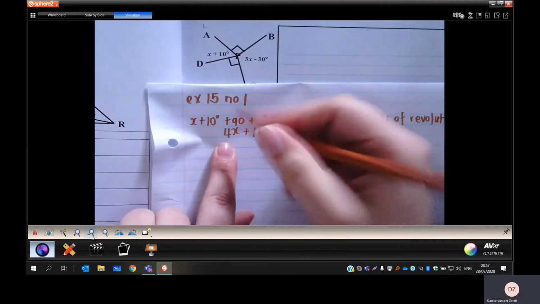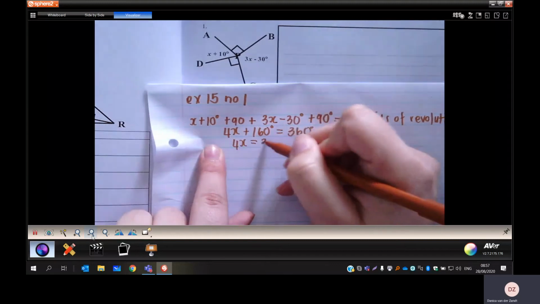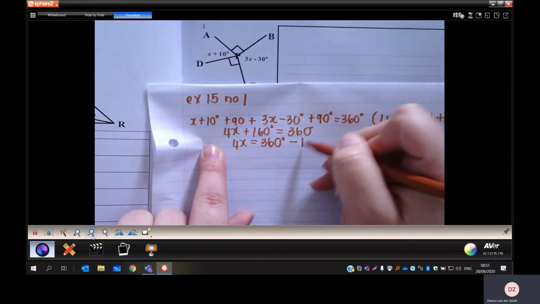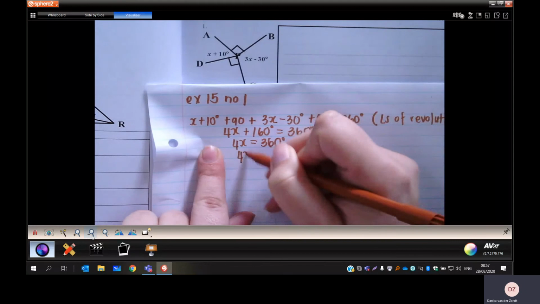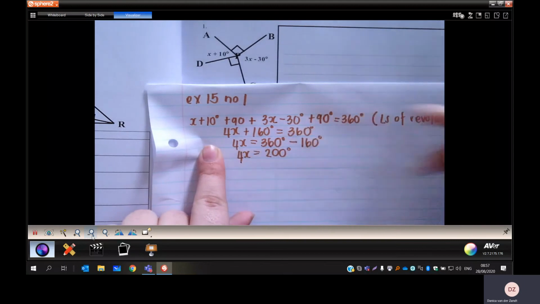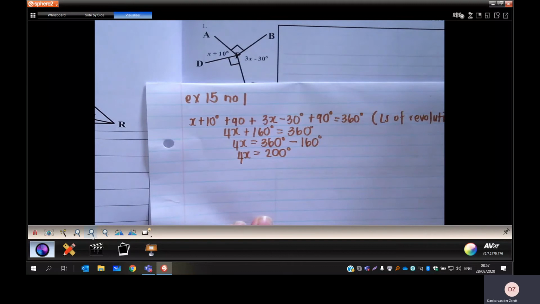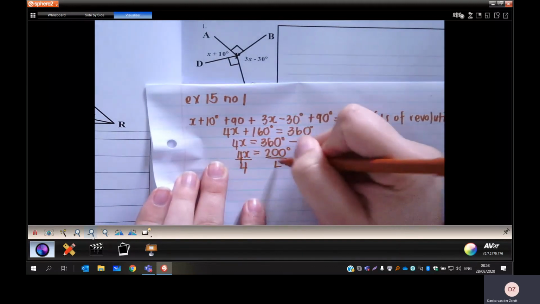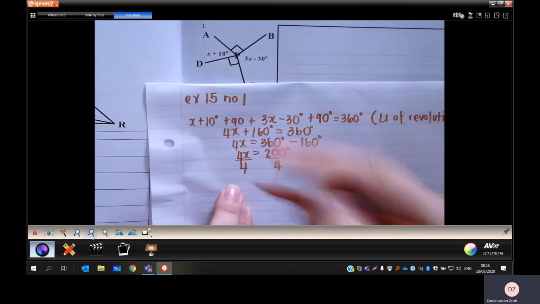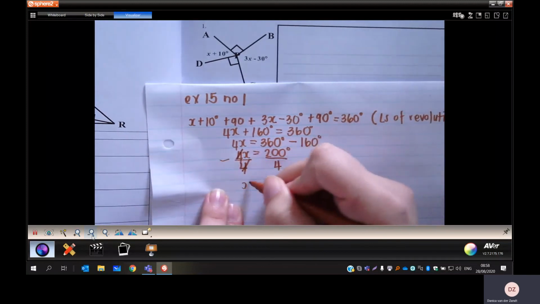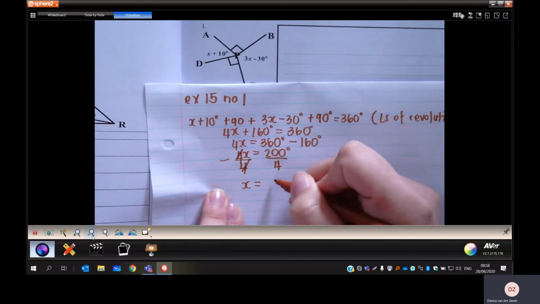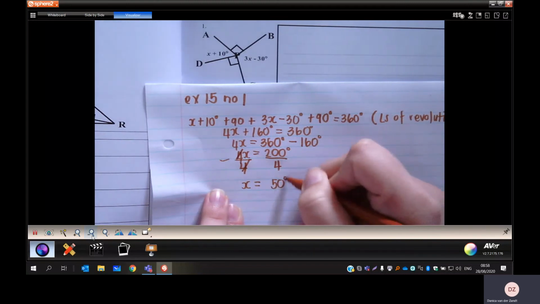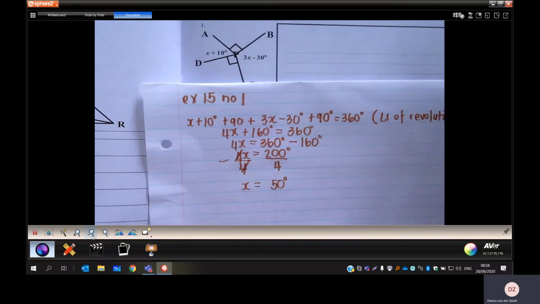Take the 360 over, becomes minus. 360 minus 160. Now I have 4x. I only want 1x. We're going to divide both sides by 4, because I want the x by itself. 200 divided by 4 is equal to 50 degrees. So it's only tricky if you don't know your like terms. If you know your like terms, it's exactly like everything else we've done.